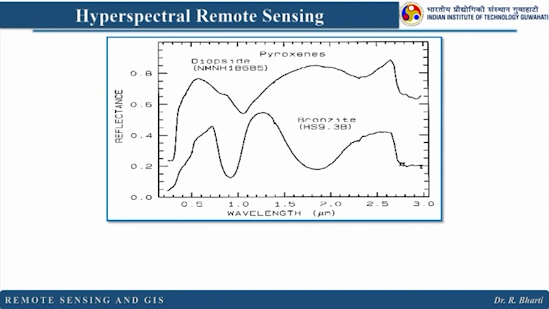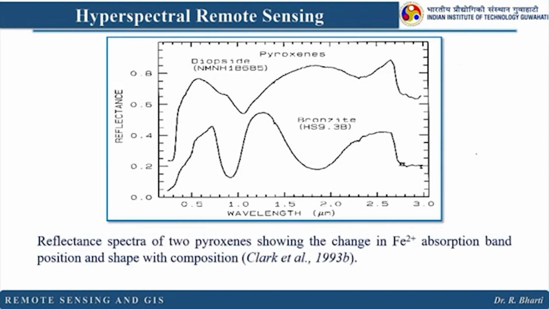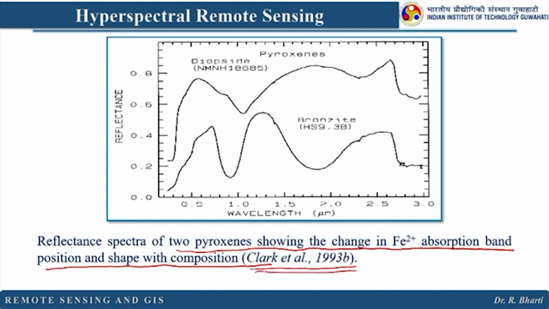Here you can see this example where reflectance spectra of two pyroxenes show the change in Fe2+ absorption bands, right, position and shape with composition. This I have taken from this reference, Clark et al. 1993b. The 1 micrometer versus the 2 micrometer band position describes the pyroxene composition.